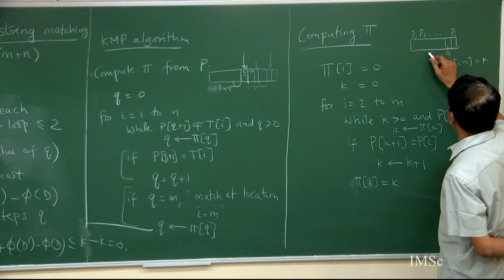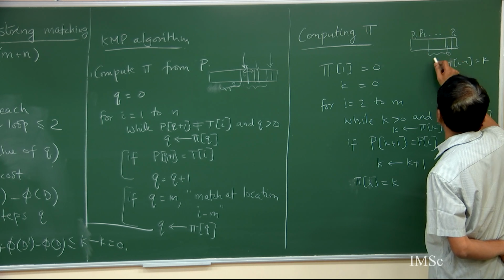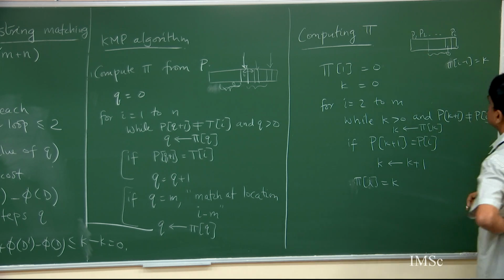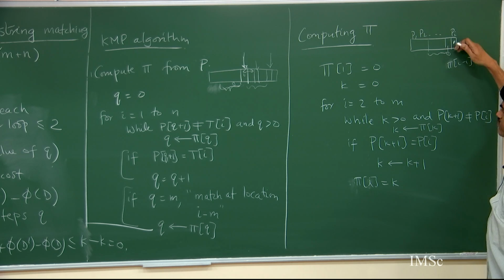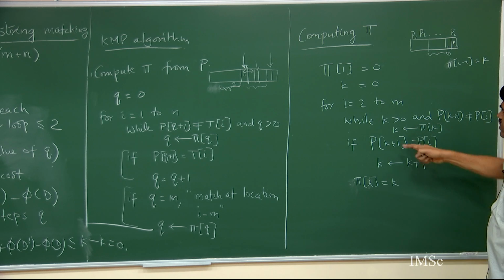That means that there are these k symbols here, which happen to be a prefix of the pattern. So, now if this character matches with p k plus 1, then you know that my pi of I is k plus 1, right. So, that is what you are trying to compare.